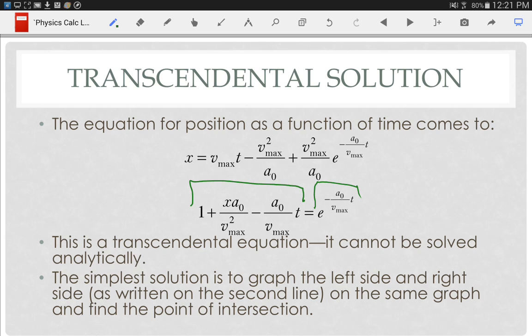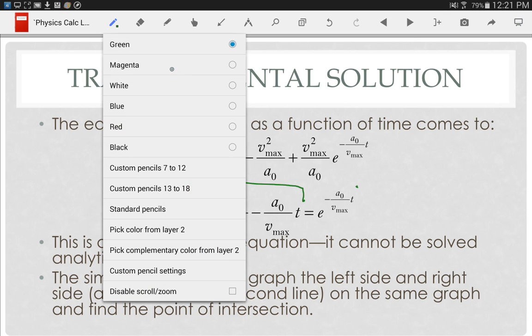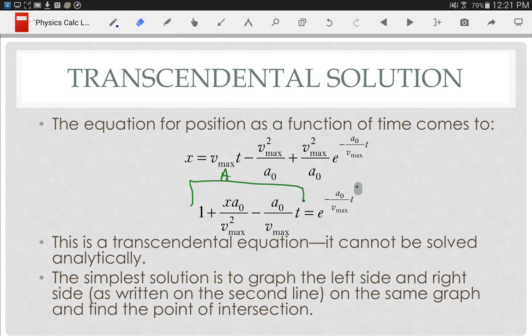Now, you can use something like a spreadsheet and find the time where those two equal each other, or you can just do it graphically. Graphically is the one that logically makes good sense. I just say A is equal to this thing, and I'm changing colors in case you're wondering why I erased.